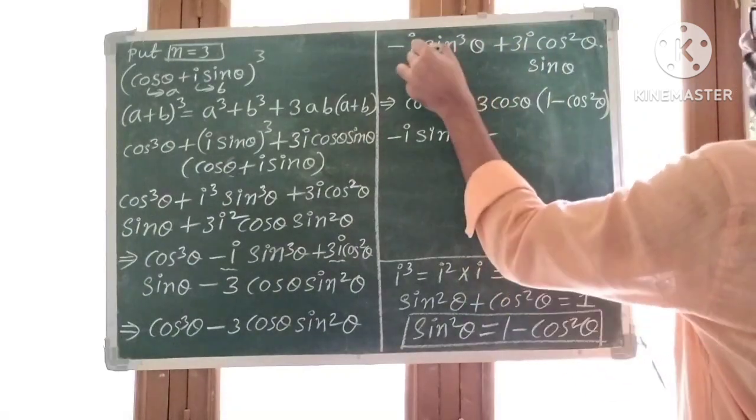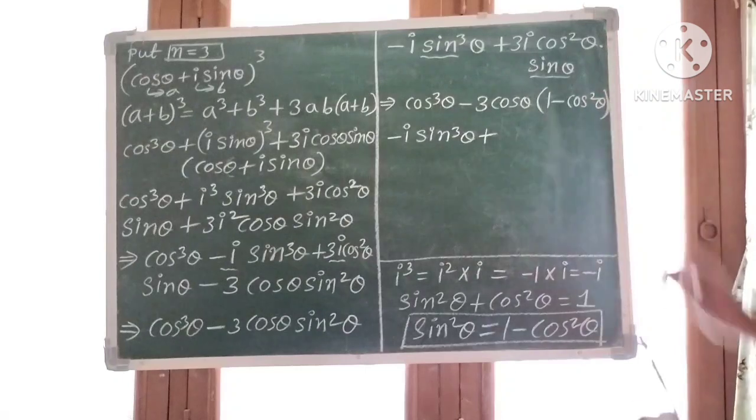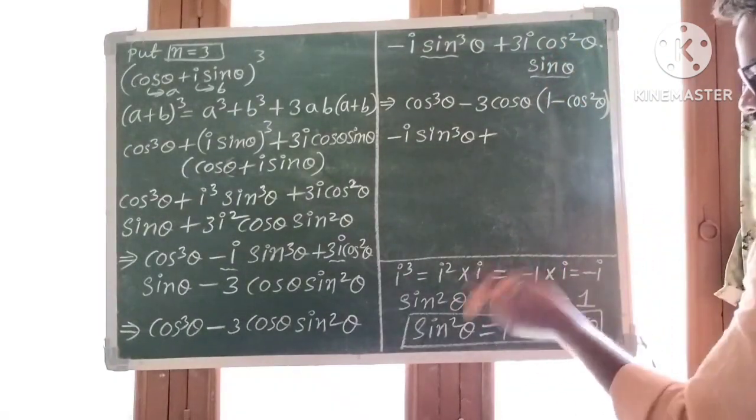Next, here minus i sin cube theta. Here we have sine function, here we have cosine function. Let us convert this cosine function into sine function. Cos square theta can be written as 1 minus sin square theta.